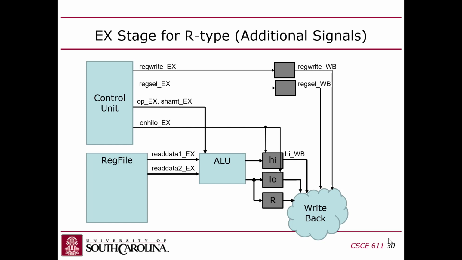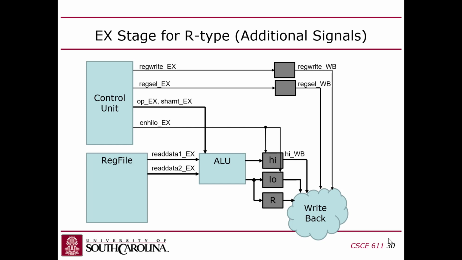Store, branch, jump. Multiply. That's what I was thinking of. Multiply writes to high and low register, does not write to a general purpose register. So there's a few instructions that don't write registers. Most of them do, but you have to be careful that you don't write a register unless you need to. So that's why we have this reg write signal. You guys with me?